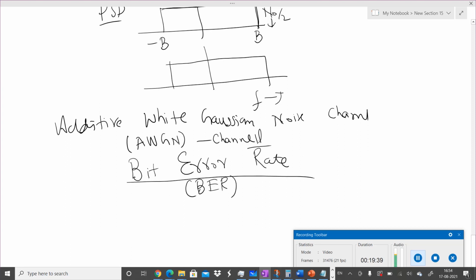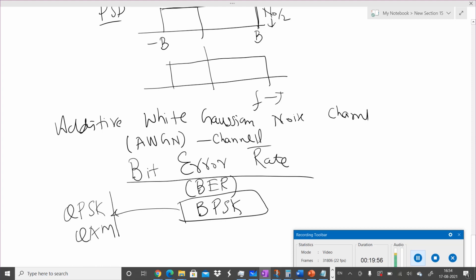So in the next video lecture, we will do the bit error rate analysis of this AWGN channel when we take the input from BPSK. Once you understand BPSK, we can easily understand BER analysis for QPSK, QAM. They all follow the same principle.